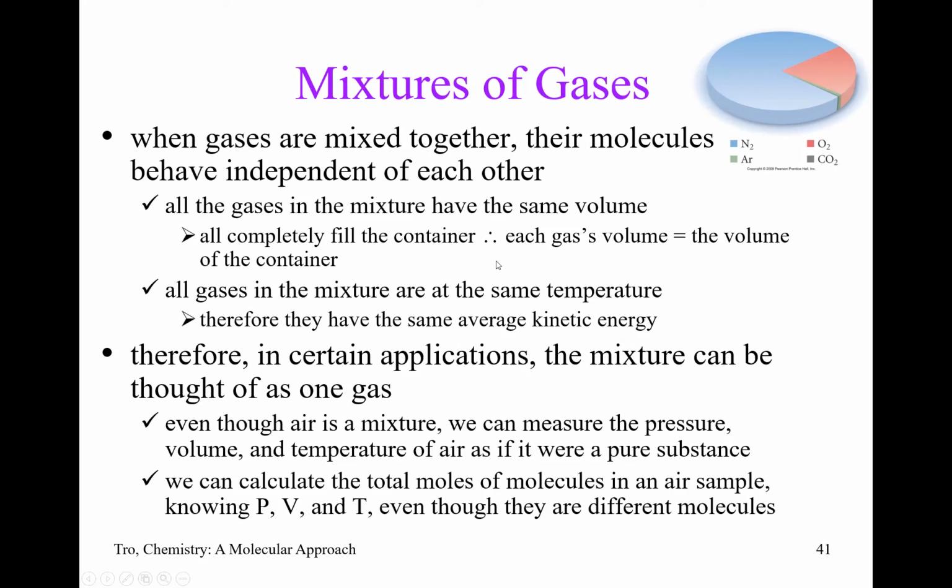So if you want to consider them all the same, or you have them individually and just add them together, it doesn't matter, because all the gases are at the same temperature, so they have the same kinetic energy. They all completely fill the container. And therefore, we can just treat the mixture as one big gas.